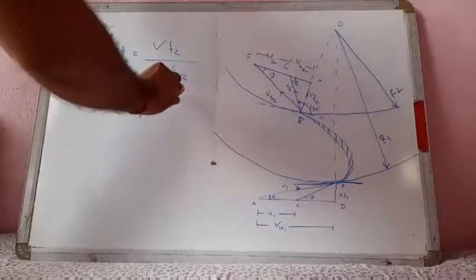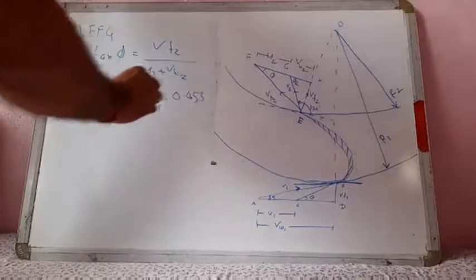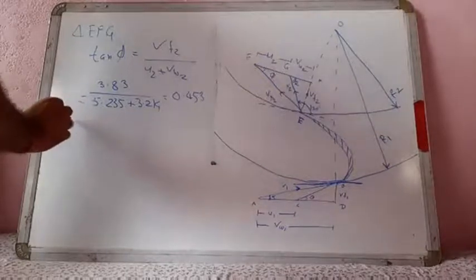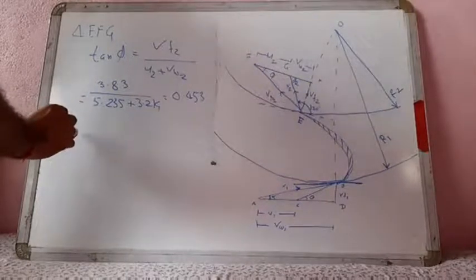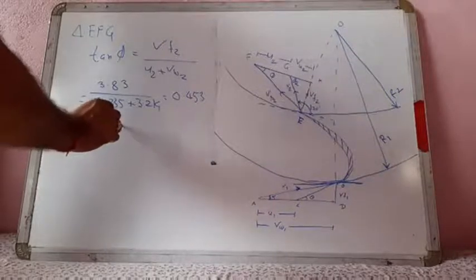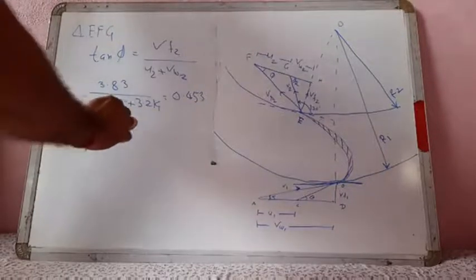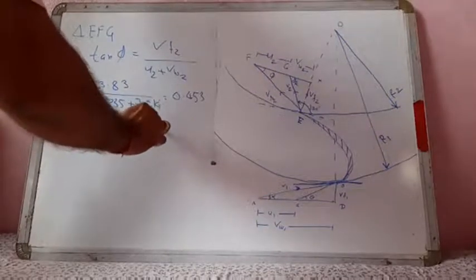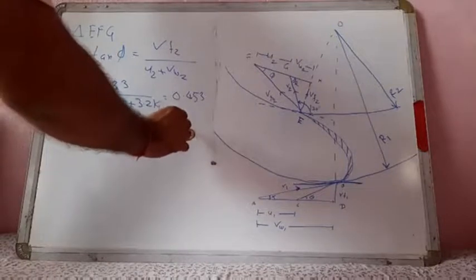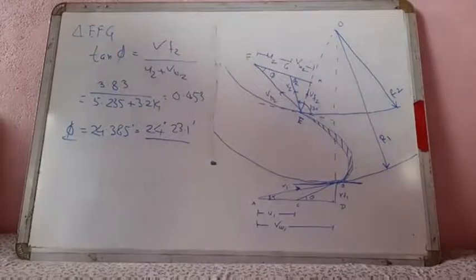So this comes to 0.453, so the value of phi comes to 24.385 degrees, or it can be written as 24 degrees 23.1 minutes. This is the value of phi.